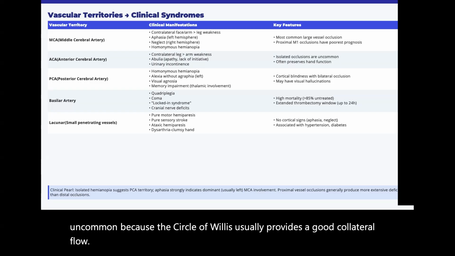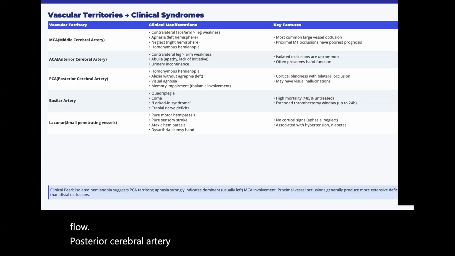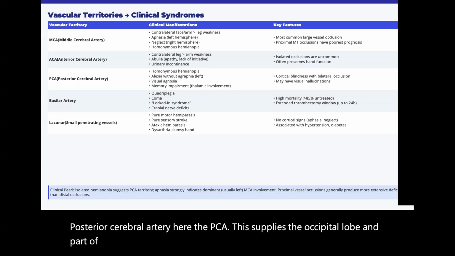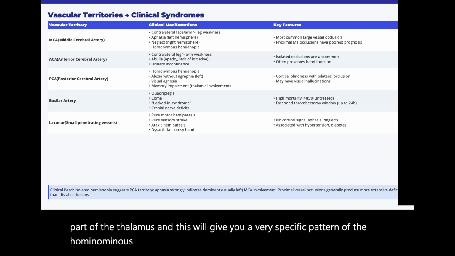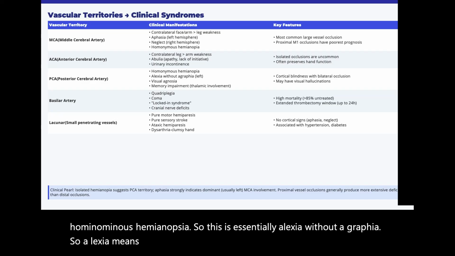Posterior cerebral artery here, the PCA. This supplies the occipital lobe and part of the thalamus. And this will give you a very specific pattern of homonymous hemianopsia. So this is essentially alexia without agraphia. Alexia without agraphia means they can write but not read.